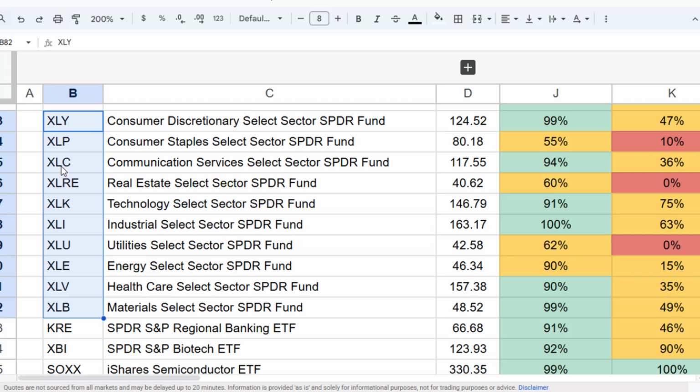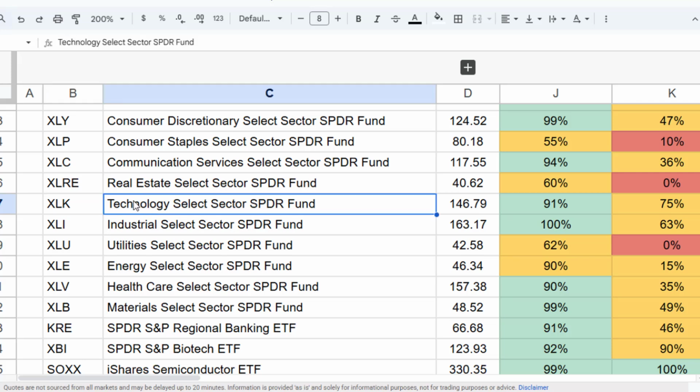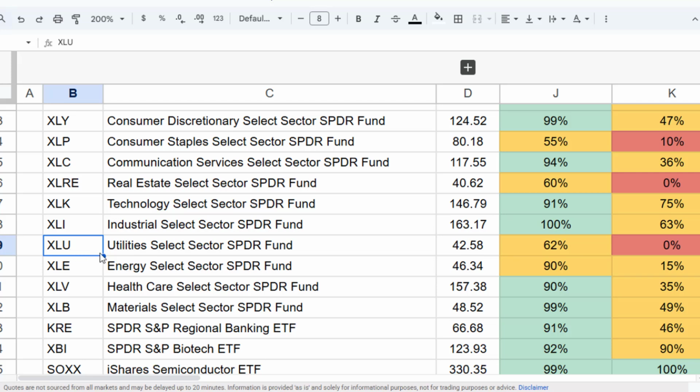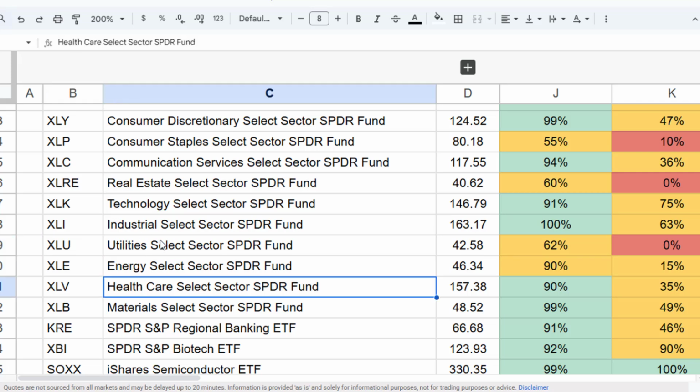For example, XLK is the technology sector, XLU is the utilities sector, one for energy, healthcare, and so on.